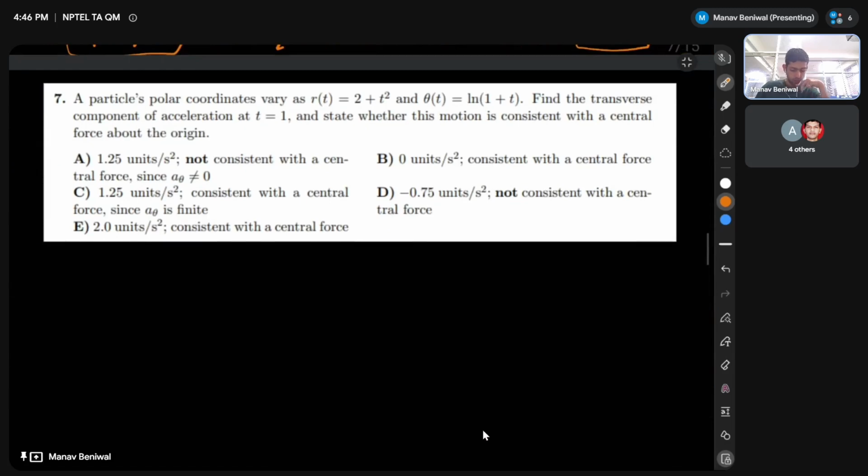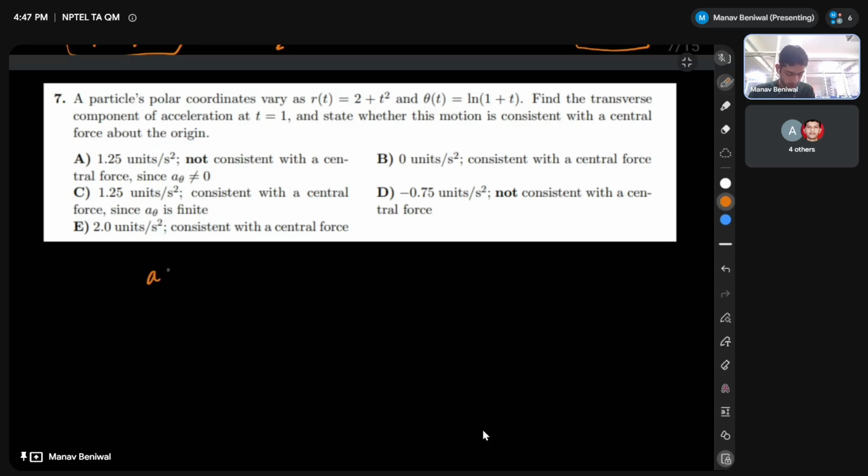This time we are given a particle and we are given both the r component and theta component. We have to find the transverse component of acceleration at t equals 1 and state whether this motion is consistent with the central force about the origin. First of all, in polar coordinates, we know that our acceleration has two components.